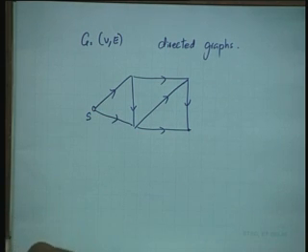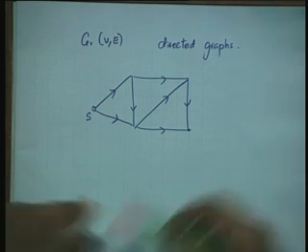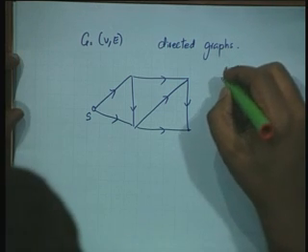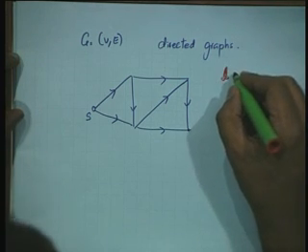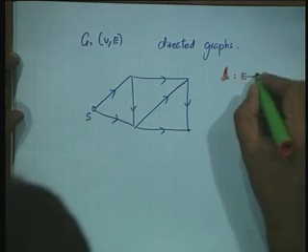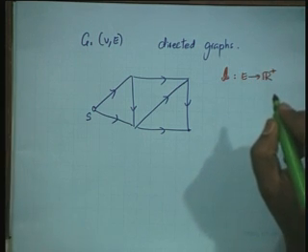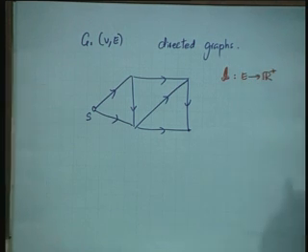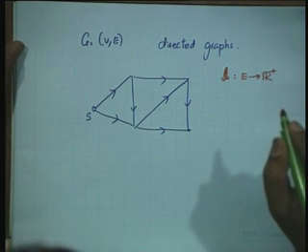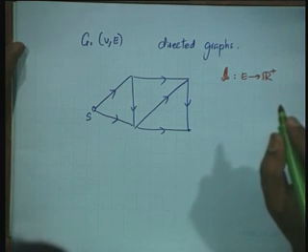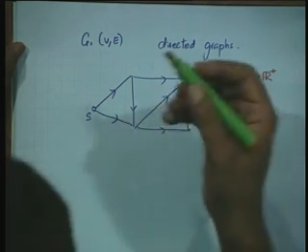Each edge has a length L, which is a function from the edges to non-negative reals. We can have edges of length 0 also, right, and let us give edges length.